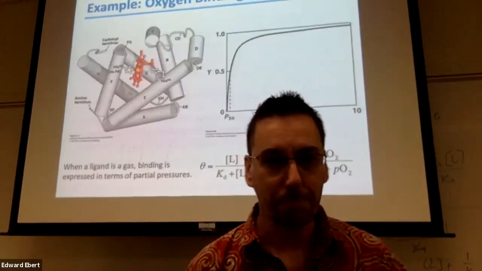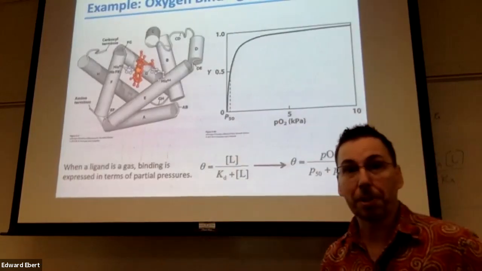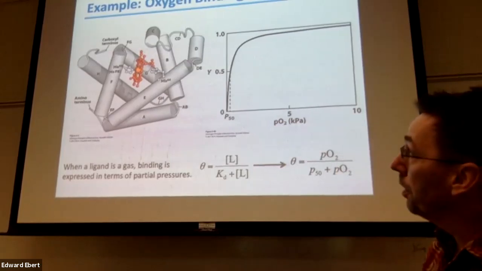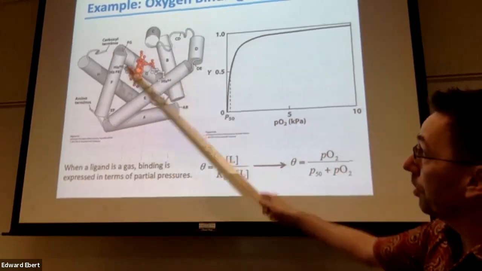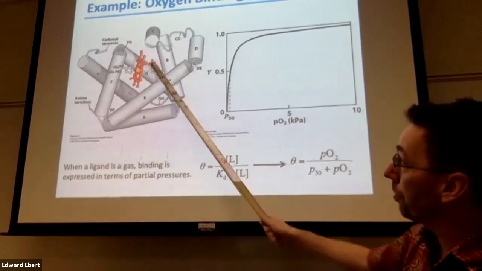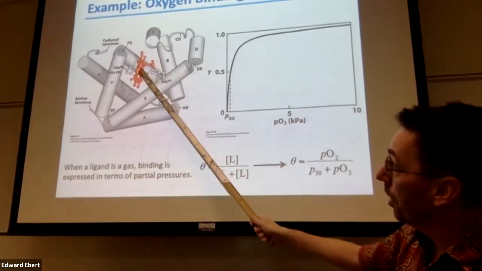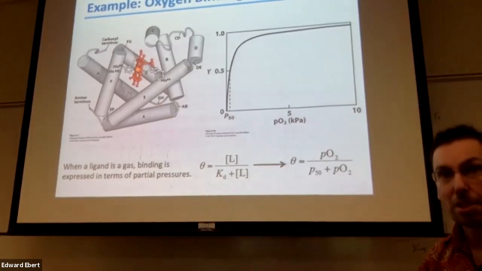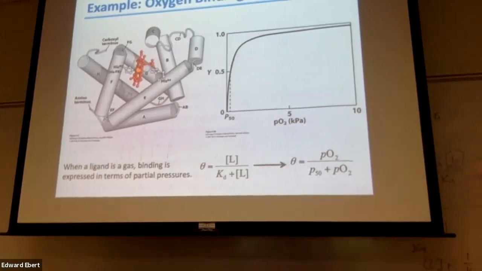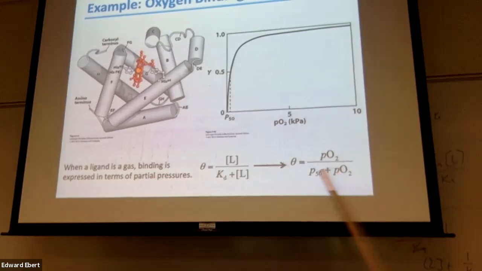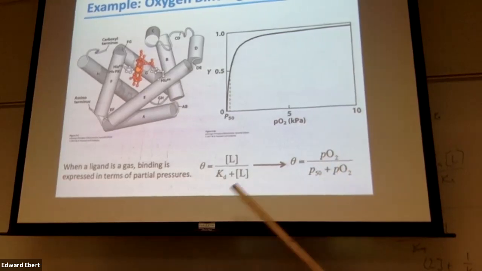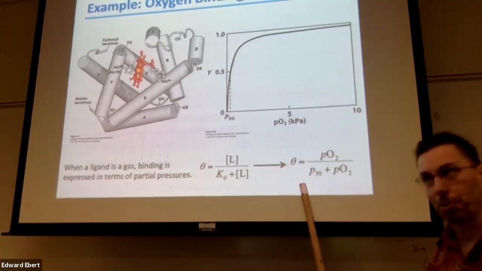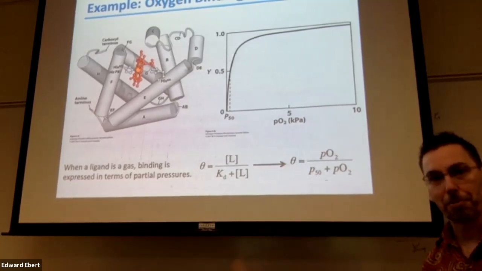Okay, let's look at a specific example. We'll look at oxygen binding to myoglobin. Okay, so here we have our cartoon of our myoglobin structure with our heme in the center. We're going to have oxygen bind right in here. All right. In this case, rather than looking at concentrations, because oxygen is a gas, we're going to look at partial pressures. Okay. So instead of having our dissociation constant, we'll have our partial pressure constant for oxygen.